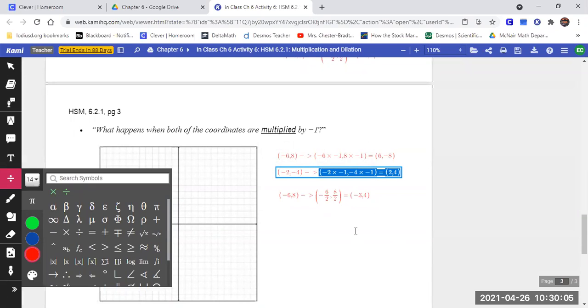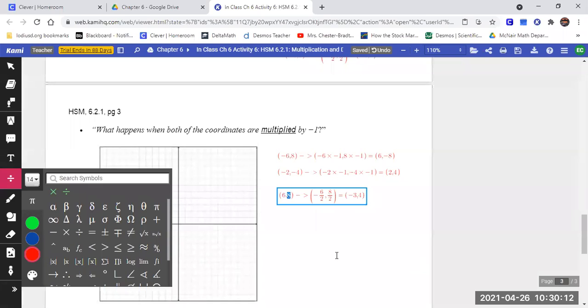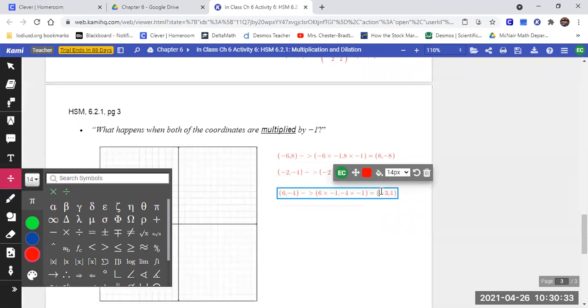We already did that one. Positive 6, negative 4, right? Positive 6, negative 4. That was our last coordinate. One second. Let me get it written. That's going to flip it to be a negative 6, positive 4. Okay.